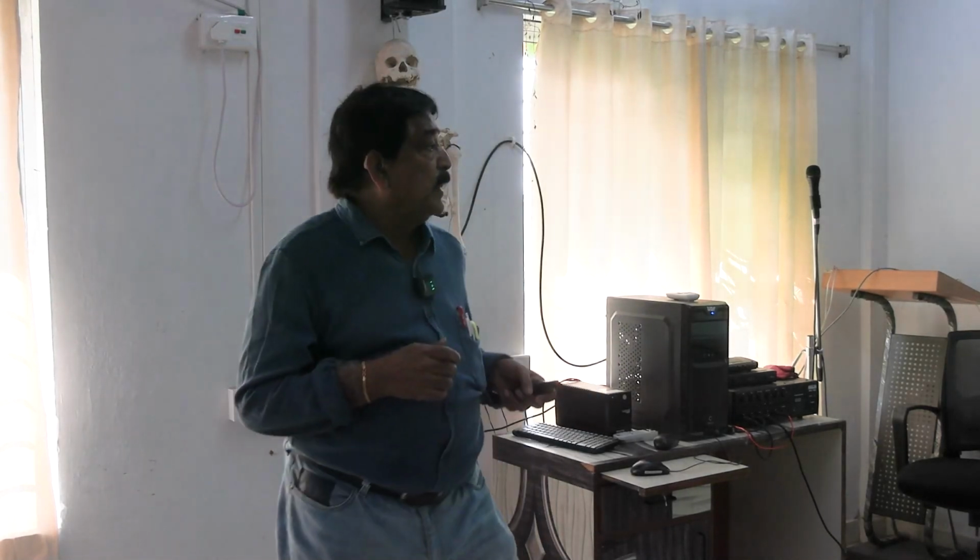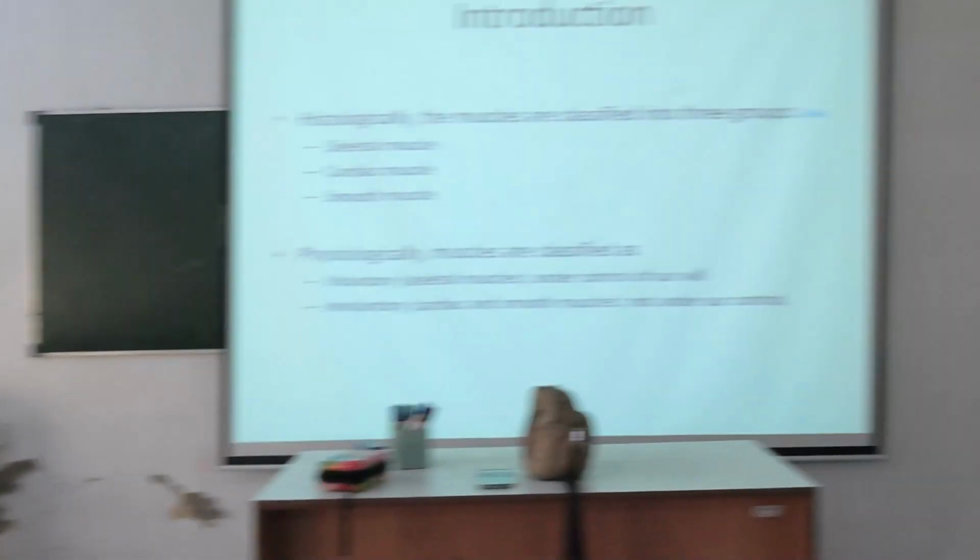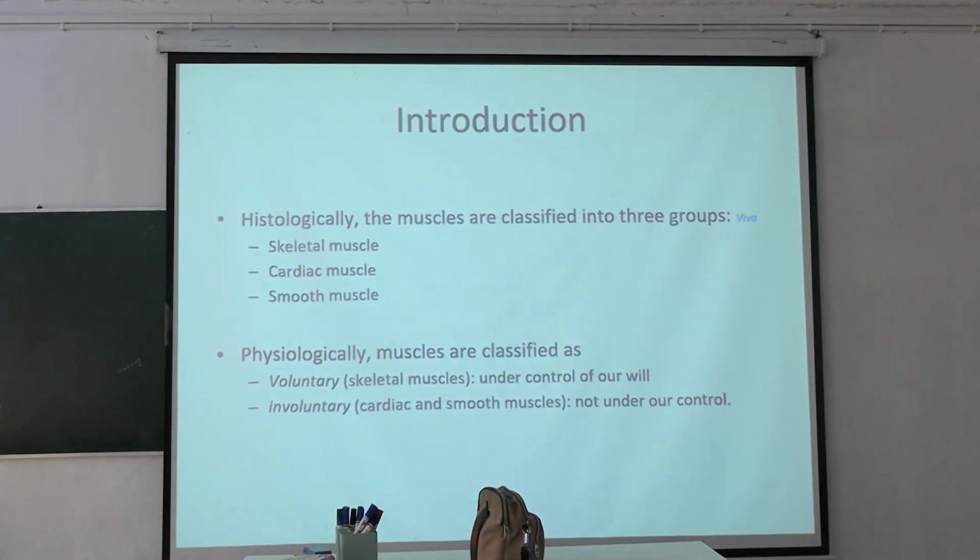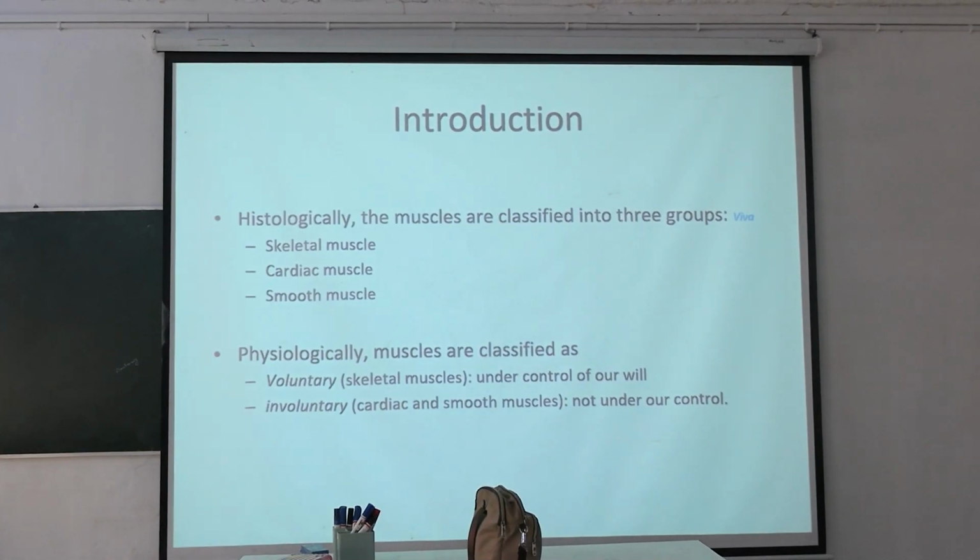Now skeletal, the name itself, the muscle which is attached to the skeleton of the body. That is skeletal muscle. The cardiac muscle, the muscle of the heart. Okay. Now physiologically, muscles are classified under voluntary, skeletal muscles under control of our will.